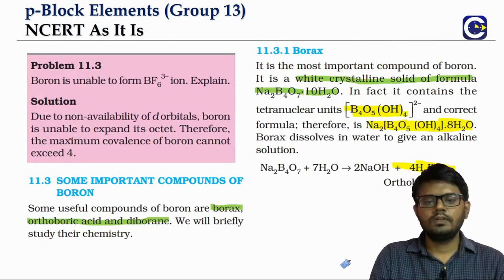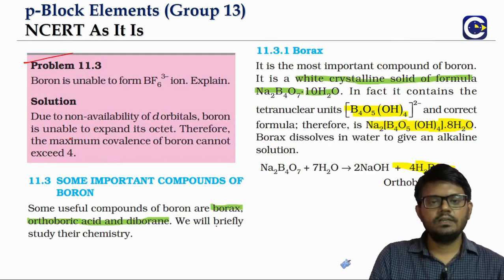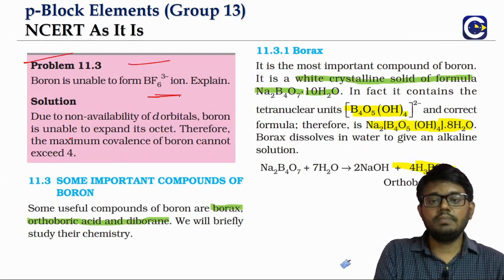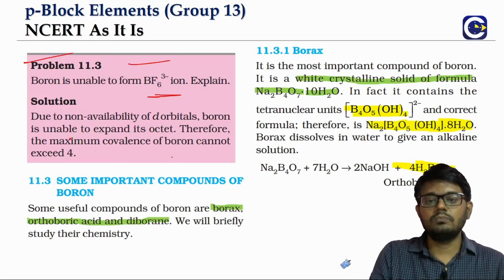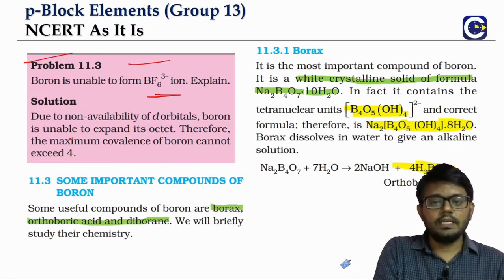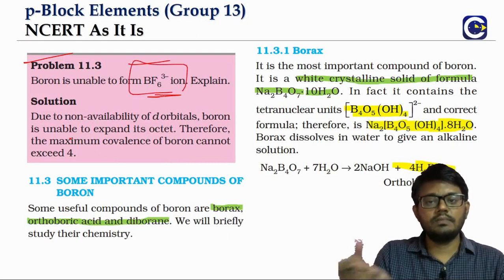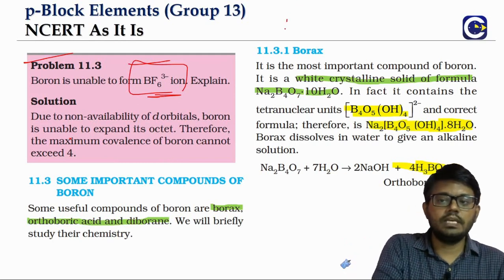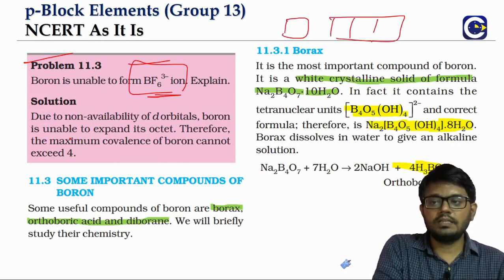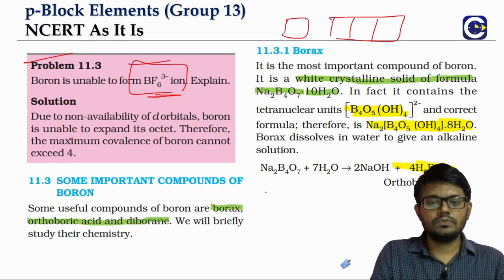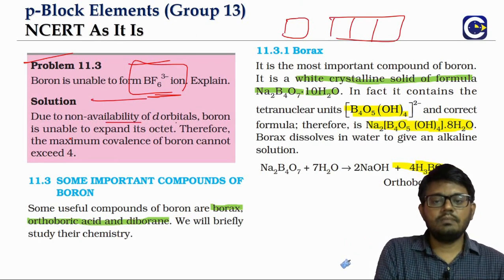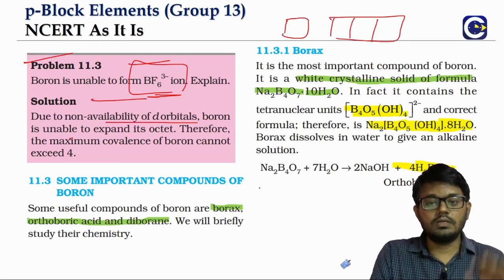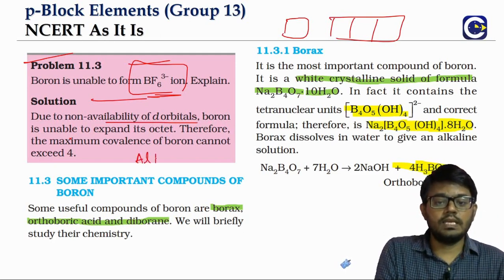Now, looking at the in-text question, why is boron unable to form BF6 3 minus? Basically, as we discussed before, boron cannot expand the covalence beyond 4 because it has only the s orbital and 3 p orbitals in the valence shell. Because of the non-availability of d orbitals, boron cannot form BF6 3 minus, whereas aluminum can form AlF6 3 minus.